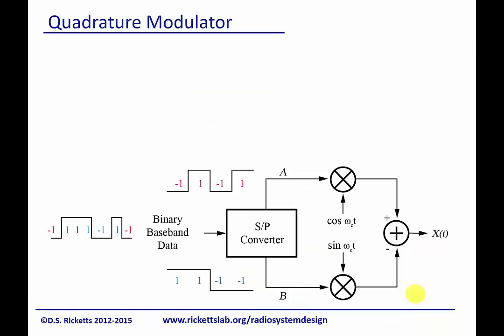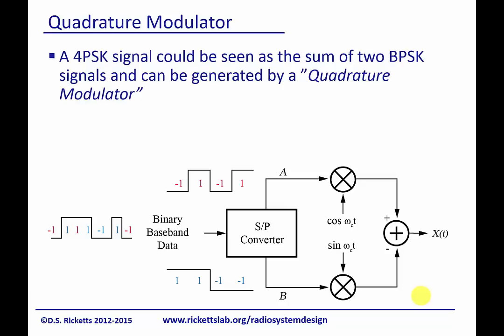All right, let's look at how we might implement a quadrature modulator. So a 4 PSK signal could be seen as the sum of two BPSKs and can be generated by a quadrature modulator like we saw last time. So here's one BPSK signal, here's another signal, and we just transmit them using quadrature signals, which we learned in the previous module.